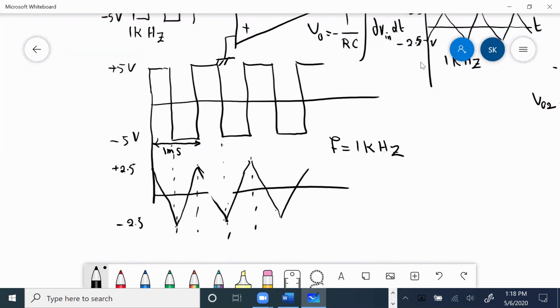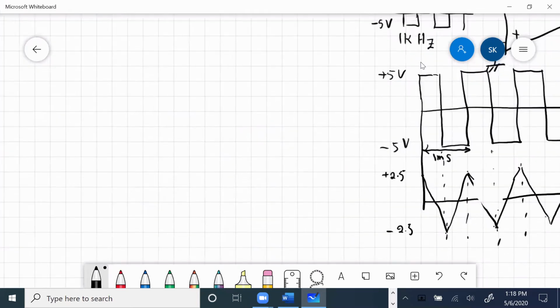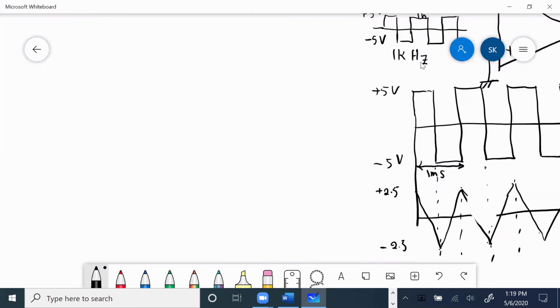Right, I said this, let me also say why. Why did we get that signal from the integrator?